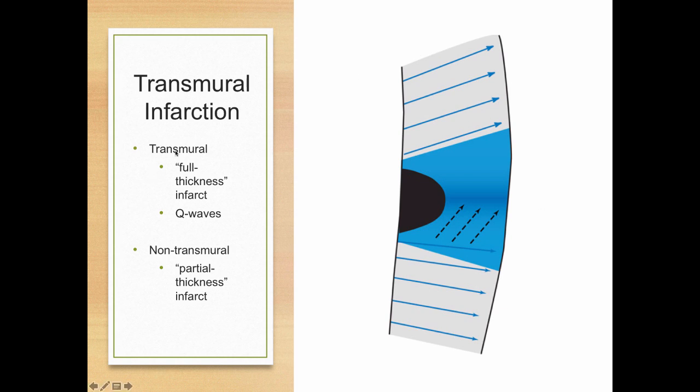Our transmural infarct is going to go all the way through our epicardium there, while all of this is a non-transmural or partial thickness infarct, just a little bit right there. So the transmural ones, the ones that go all the way through, are going to produce pathologic Q waves, and our non-transmural ones will not.